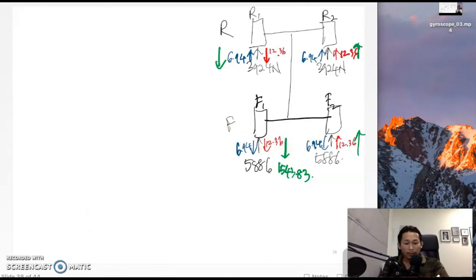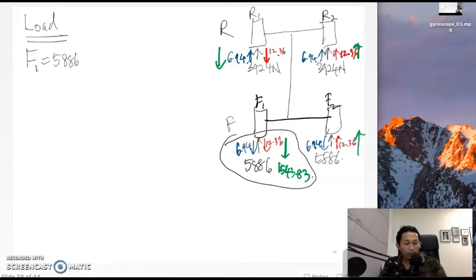Okay, so for the front wheel, F1 is equal to 5886 minus 12.36 minus 6.94 minus 1543.83. That one is equal to 4322.87 Newton.